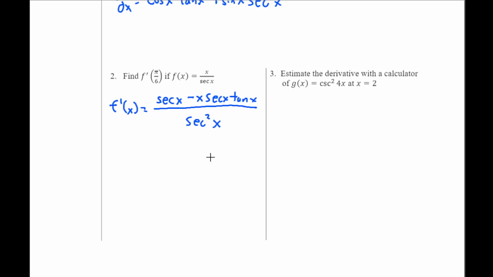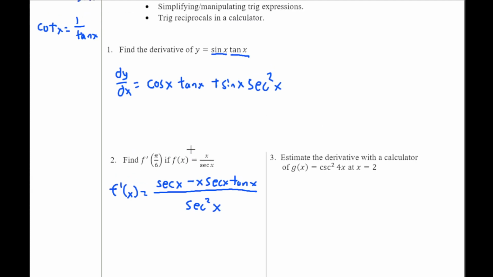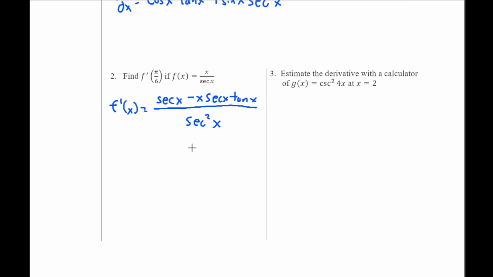So how you would do this on the calculator is a little challenging. Your calculator, I believe, doesn't have the secant function. It has tan, sine, and cosine, but doesn't have secant, cosecant, or cotangent.